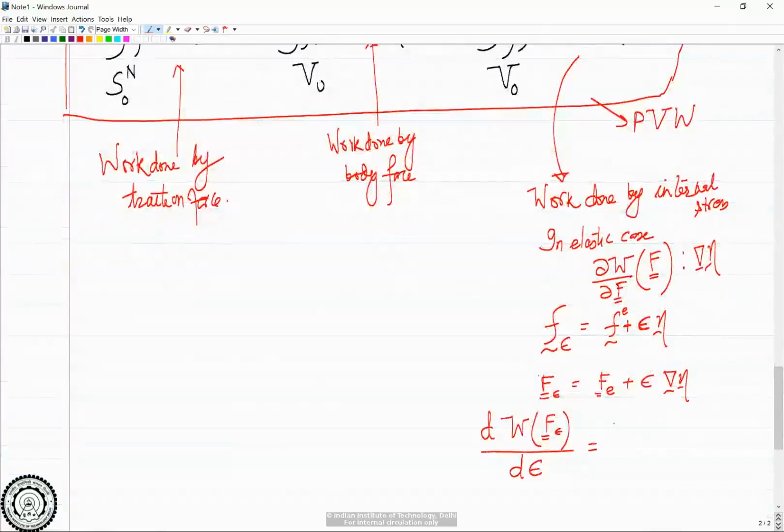You'll have to use the chain rule, and I want to evaluate it at epsilon equal to 0. So that's del W over del F at F epsilon, double contraction, d by d epsilon of F epsilon, and the whole thing has to be evaluated at epsilon equal to 0.